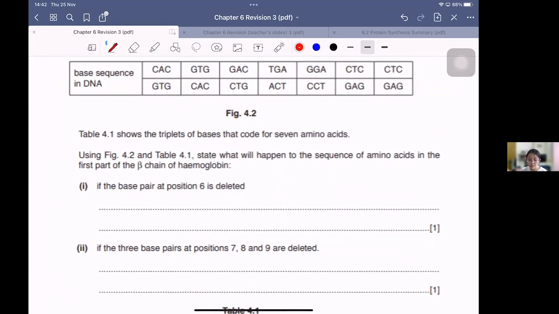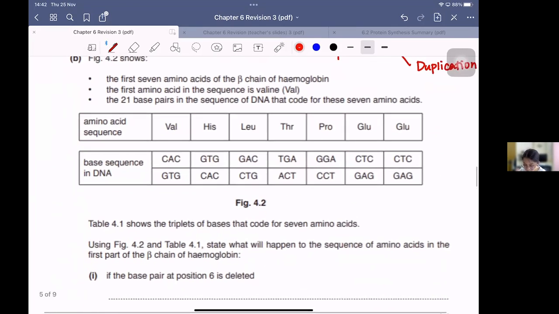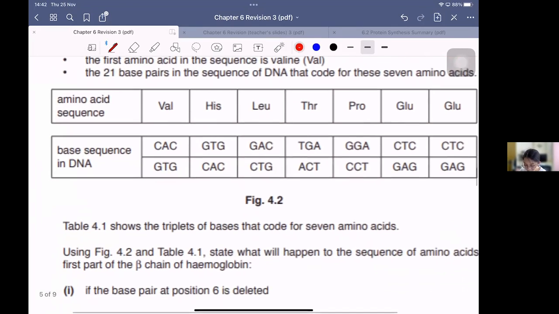If the base pair at position 6 is deleted, let's look at figure 4.2. The base pair at position 6 is actually G and C. If both of these are deleted, it's going to be GT, and the G over here will move over to be GTG, and over here is going to be ACT.